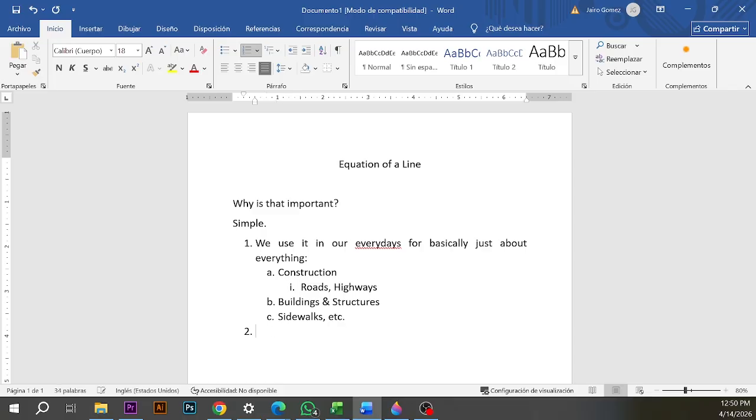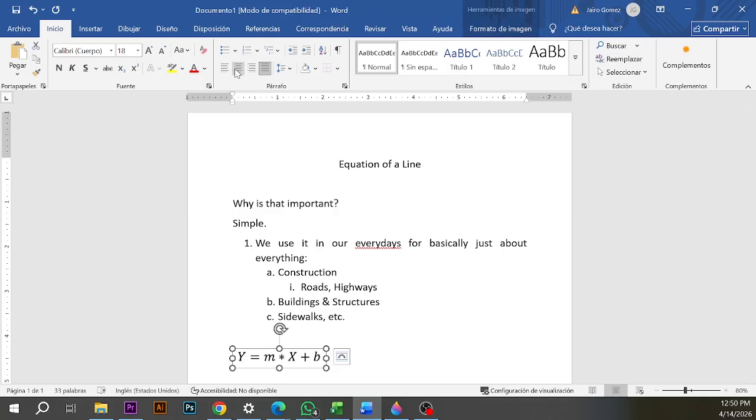So you might be asking yourself, what is a straight line exactly? Well, it follows this equation, which is basically y equals mx plus b.